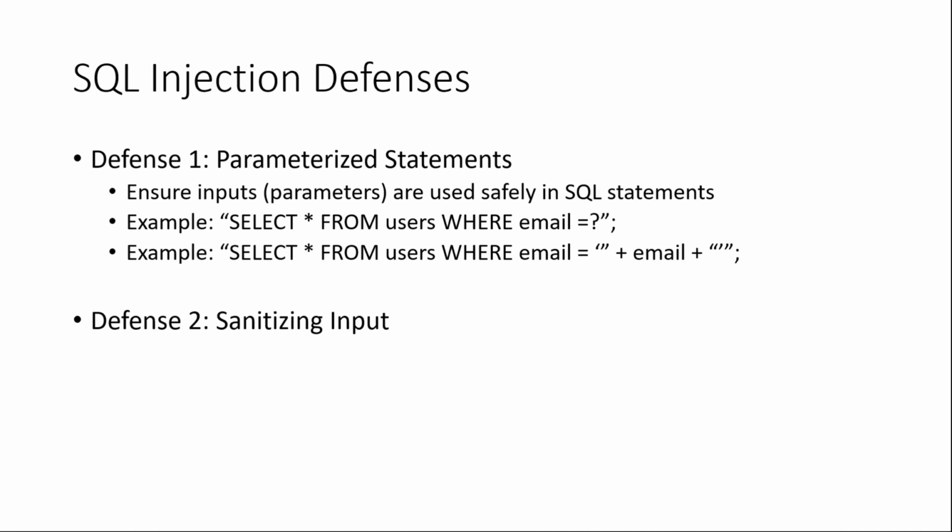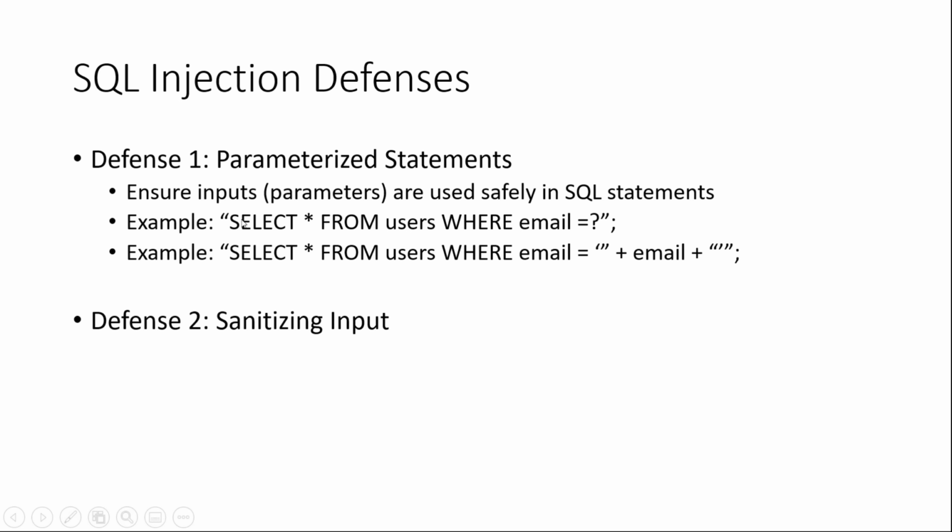An example here I have are a good example and a bad example. So here's a good example. We've got select wildcard from users where email equals ? Okay, and what does that mean? Well, the way we're passing data here is the parameterized string is going to be passed separately than the parameters being provided.